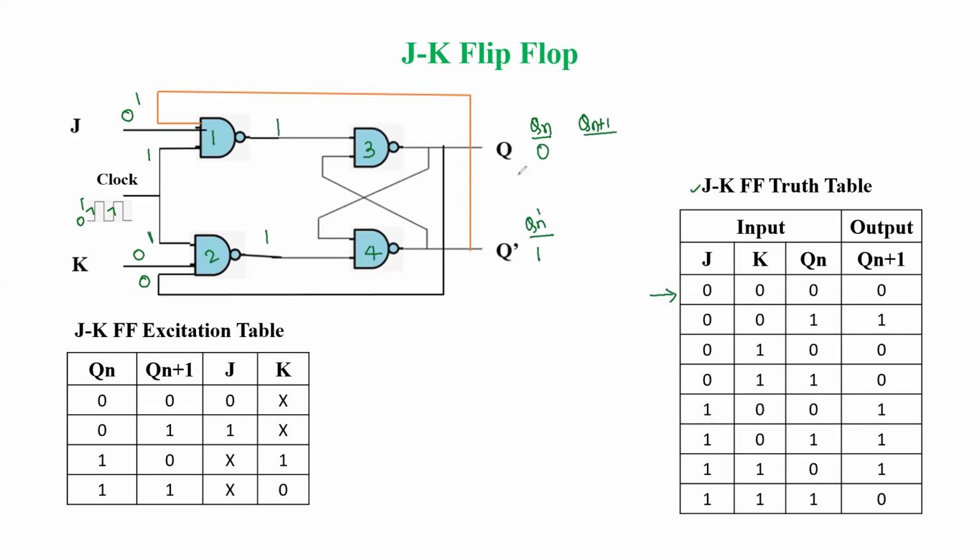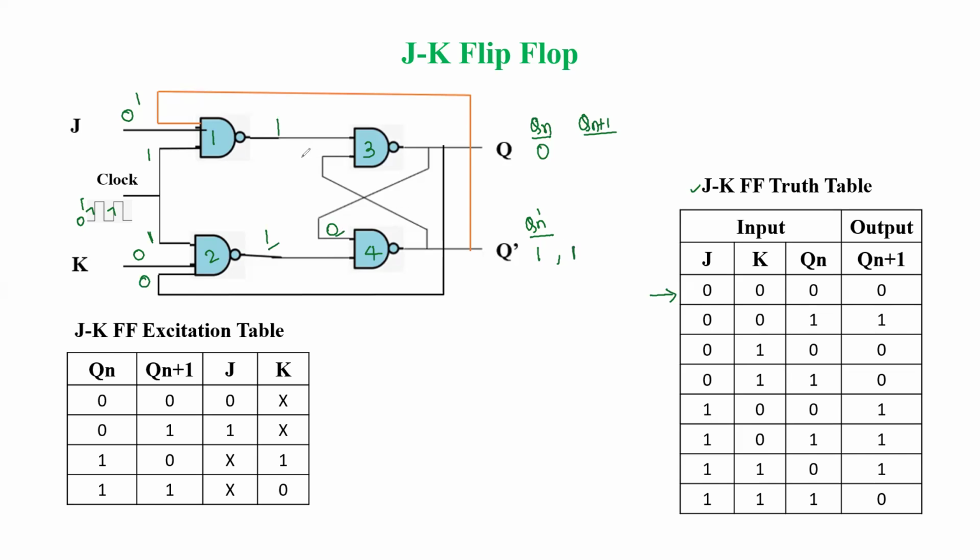Since we are taking Qn as 0, that 0 becomes the input here. Due to that, the inputs to NAND gate 4 are 1 and 0, so we are sure that the NAND gate 4 output will be 1.